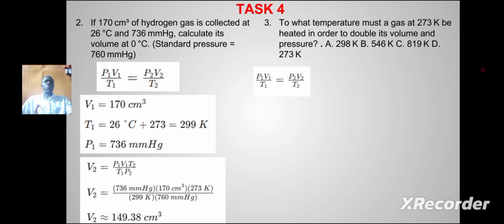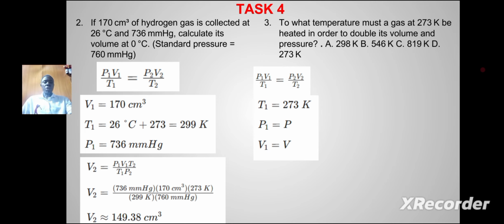To double its volume means the volume changes from V₁ to V₂, and also double the pressure. Since volume, pressure, and temperature are all changing, the right formula to apply is the general gas equation. That's what we have here.